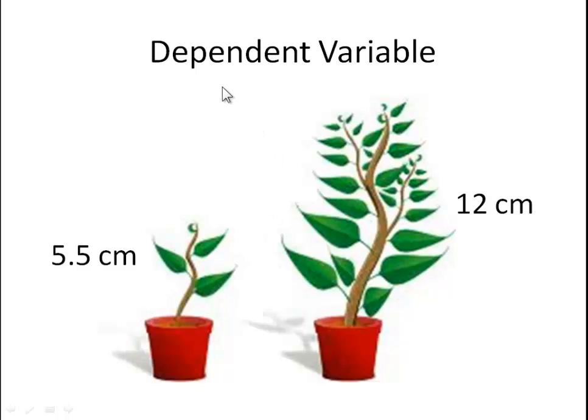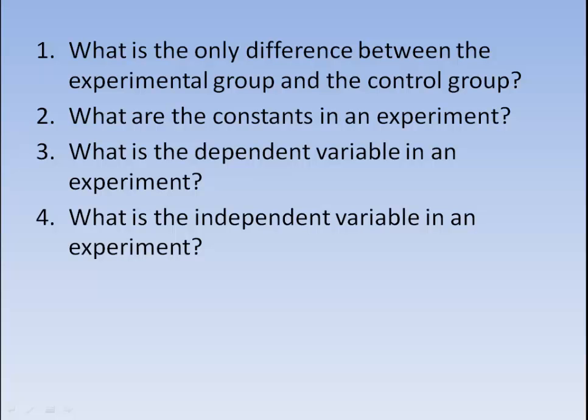The thing that we're going to measure, count, or observe at the end of the experiment is called the dependent variable. So in this experiment, the thing that we're going to measure, count, or observe at the end is the height of the bean plants. So that's our dependent variable.